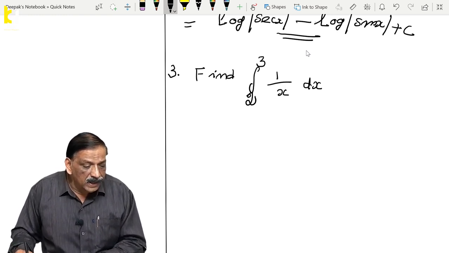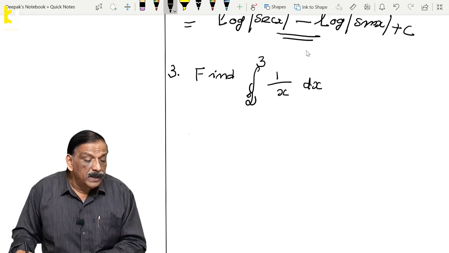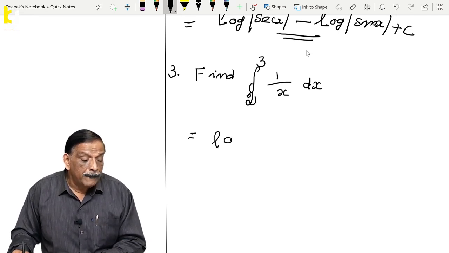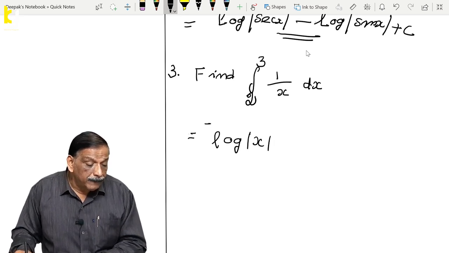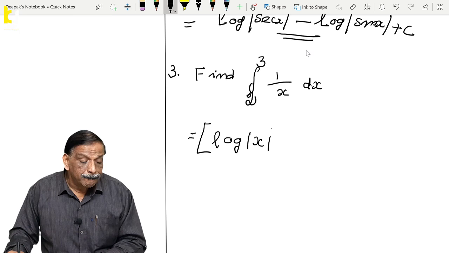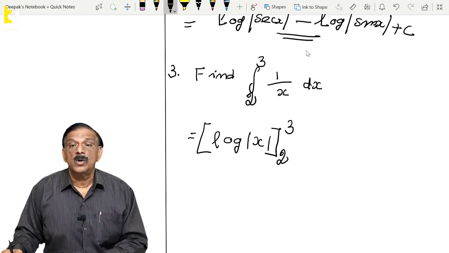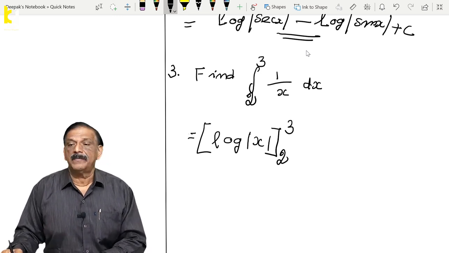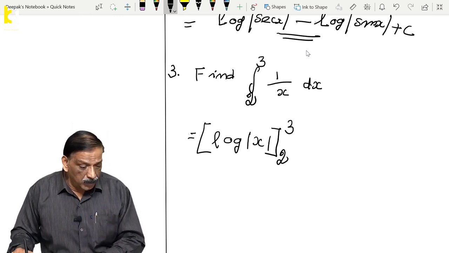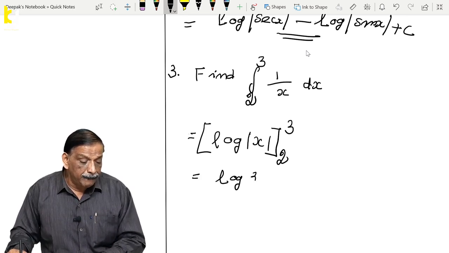So integral 2 to 3 1 by x dx will be log x from 2 to 3, lower limit and upper limit, that is equal to log 3 minus log 2.